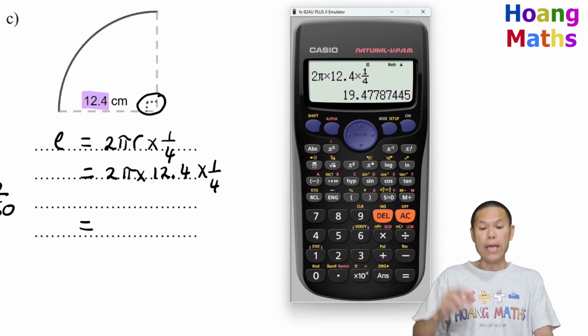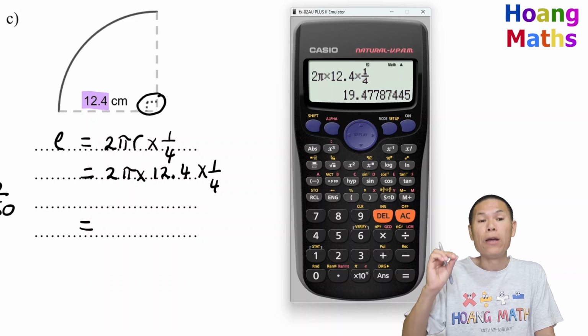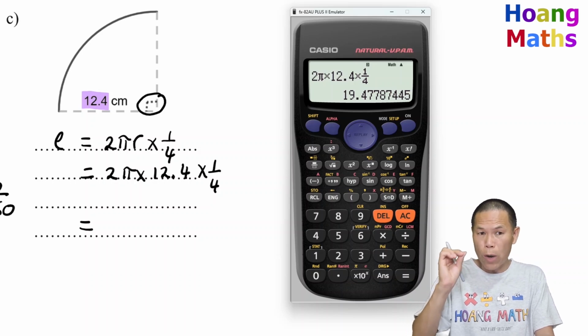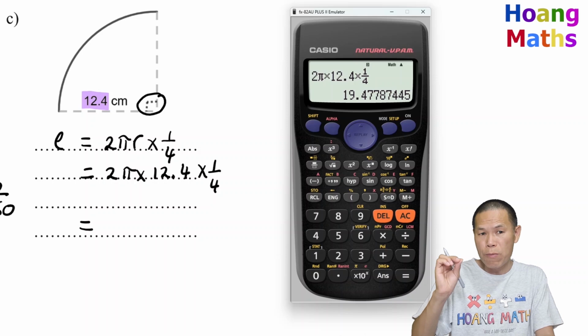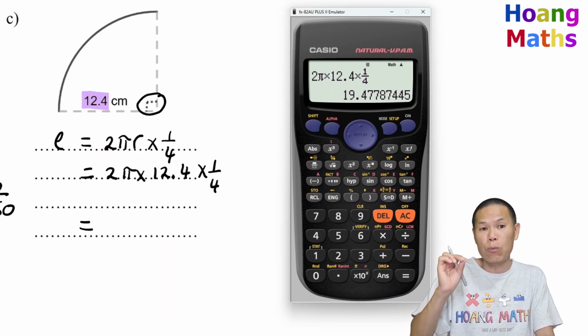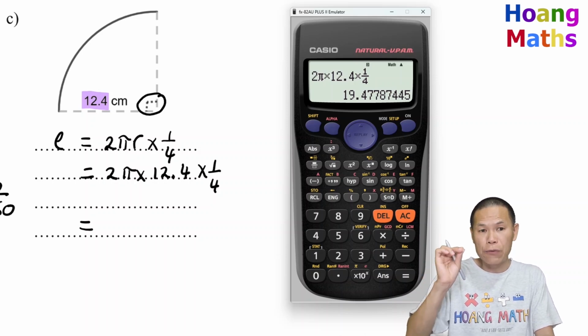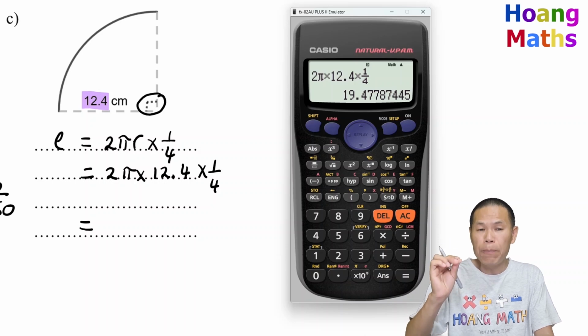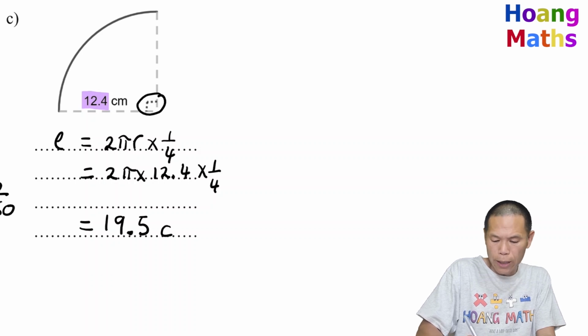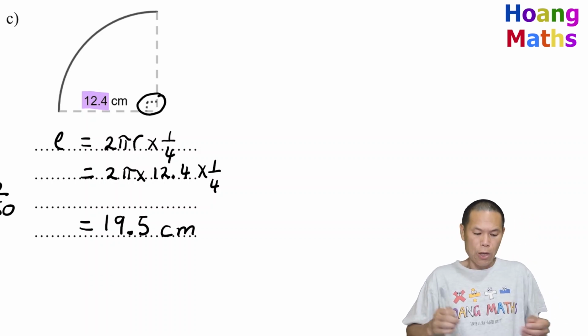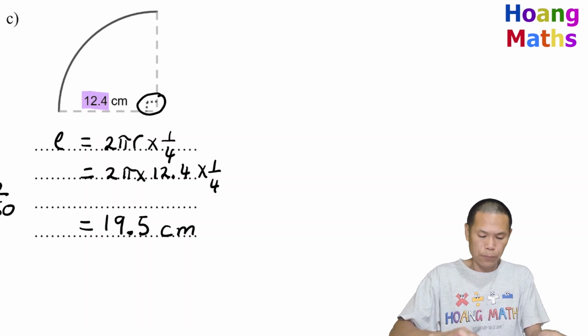Nothing wrong with that. 19.4, 7 and so on. Correct to 1 decimal place, so one number after the decimal point. 19.4, but because the number after 4 is 7, we remember that from 5 onward, we need to add 1. So 1 plus 4 is 5. So the answer is 19.5. Do not forget the units, centimeters. There you go.